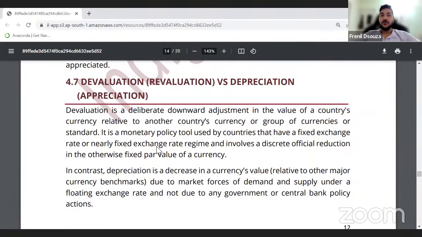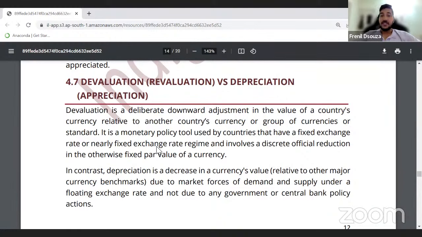Next, whenever you are using the terminology for fixed rate regime, you are supposed to use either revaluation or devaluation. Okay. So if I was pegging Indian rupee in a fixed rate regime, and I say that $1 was equal to 75 rupees, and now $1 became 80 rupees, in fixed rate regime, it would be called as devaluation.